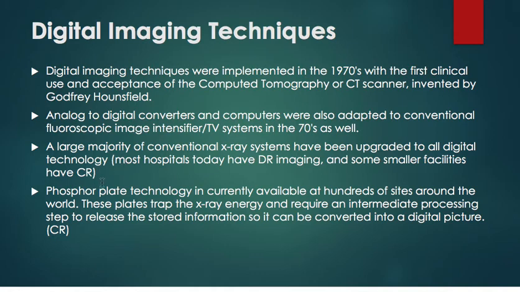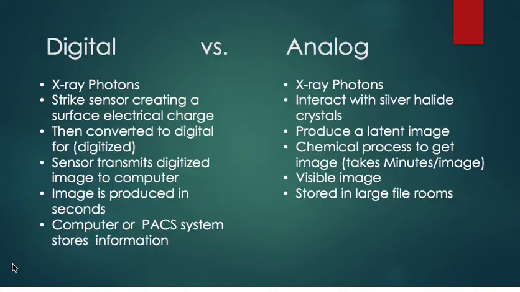We also have something called phosphor plates. This is something that you can add on to older equipment. It's actually like a plate that traps the energy inside and then requires an immediate processing step to release that stored information. So it's converted into a digital picture, which we call CR as well.